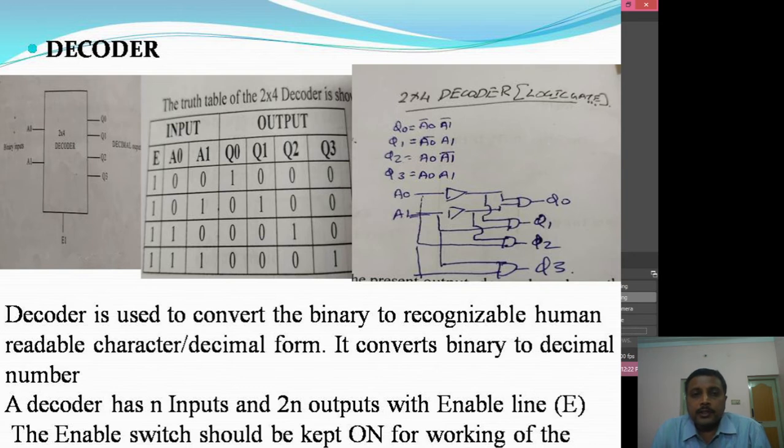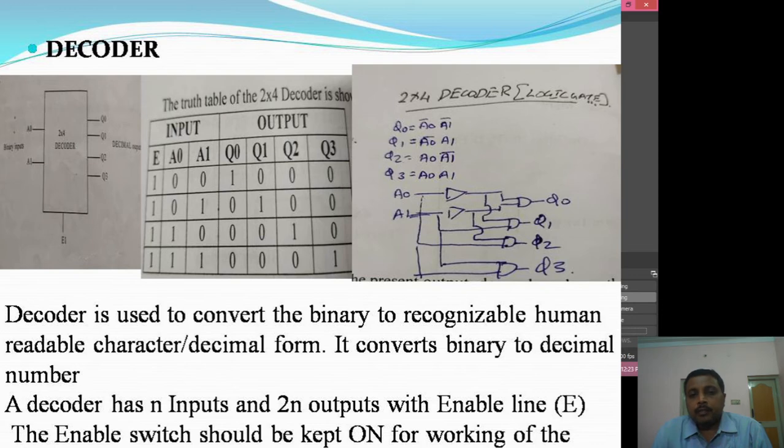Let me consider the second case wherein A0 is equal to 0 and A1 is equal to 1. In this case, the output Q1 will be in a high state. Similarly, in the third condition wherein A0 is equal to 1 and A1 is equal to 0, output Q2 will be in a high state.